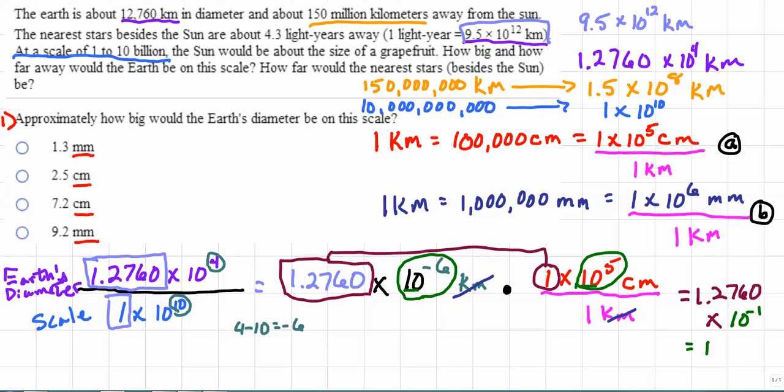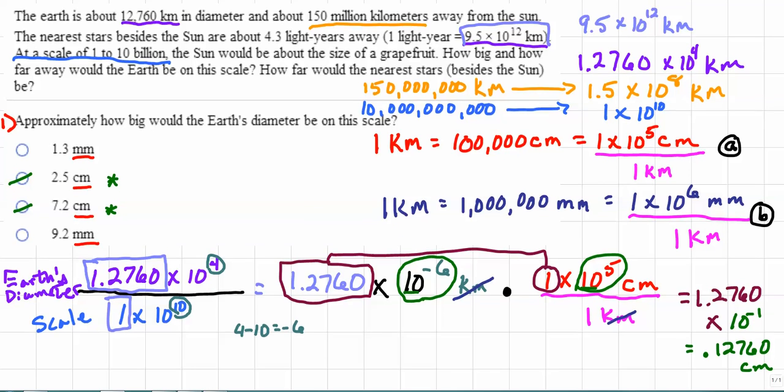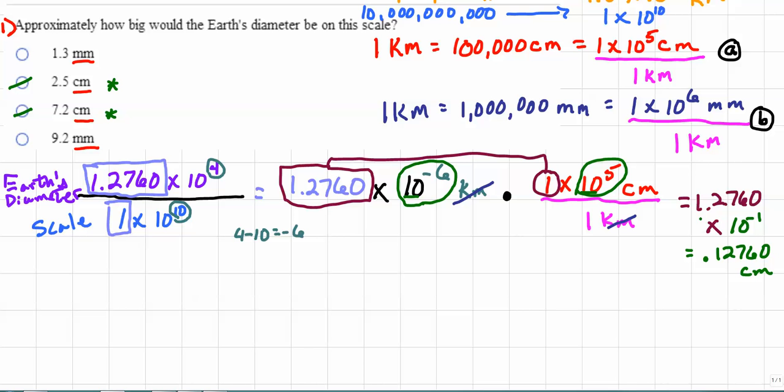That will give me 0.12760 centimeters. Now we'll notice that that particular answer does not exist either here or here, so I can discount them. Notice that the value right here is 1.2760, and that's the key to the problem because that rounds to 1.3.